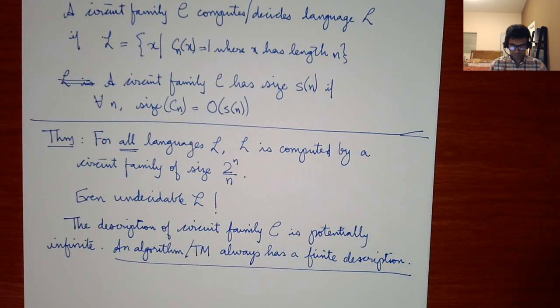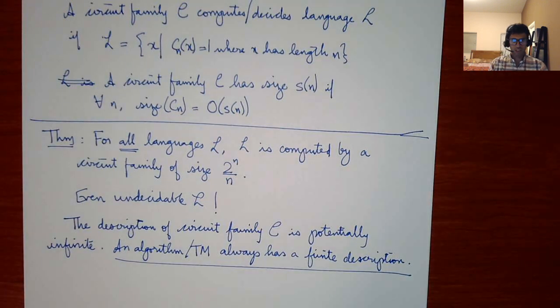So it's not that the individual circuits are infinite. It's that the family of every circuit in the family, the description of that is infinite potentially. Exactly. So think of it this way: an algorithm tells you how to deal with inputs of any possible size.